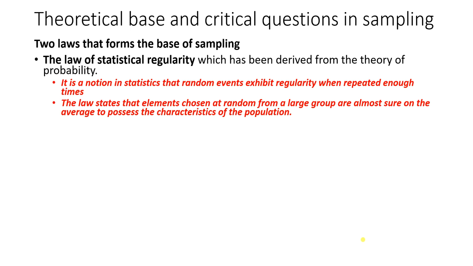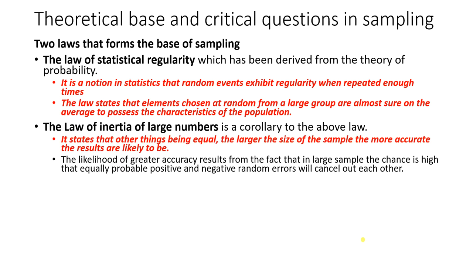First, the sample should be selected randomly, and the size should be large. If we have a random selection method and the size is large, then this law says that it will show regularity, and that regularity is that the characteristics in the population will be reflected or represented in the sample.